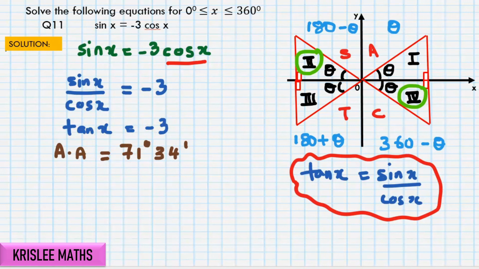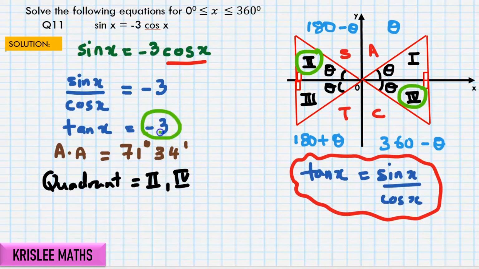And here, the quadrants involved will be quadrants 2 and 4. Why 2 and 4? Because here the value is negative. So tangent negative will be in the second quadrant and fourth quadrant.